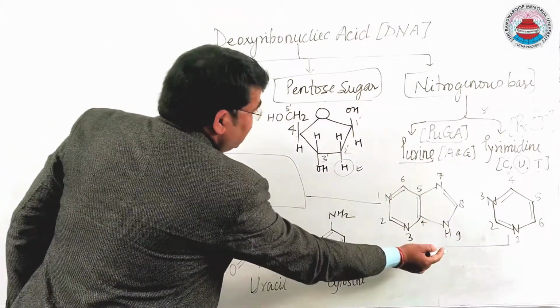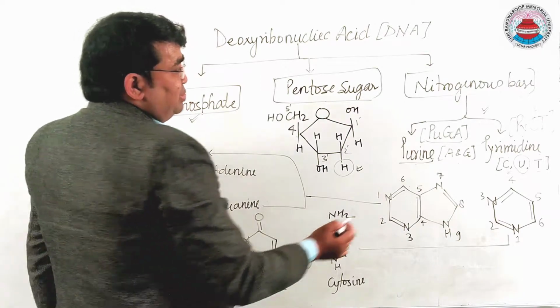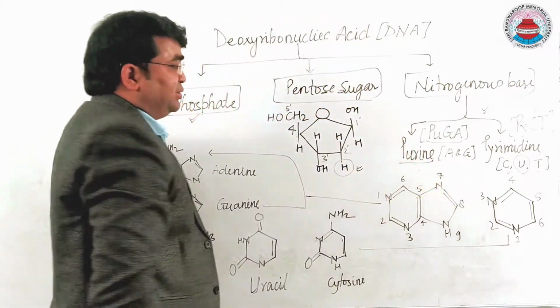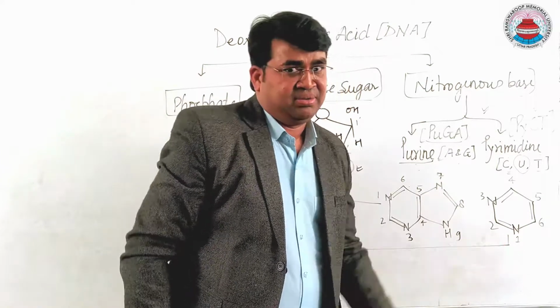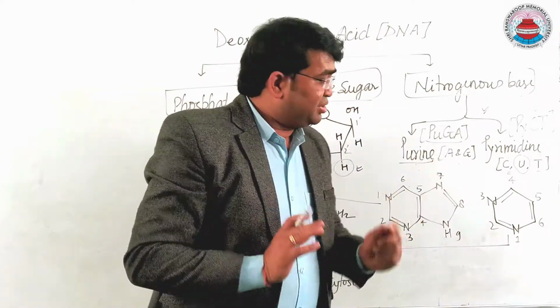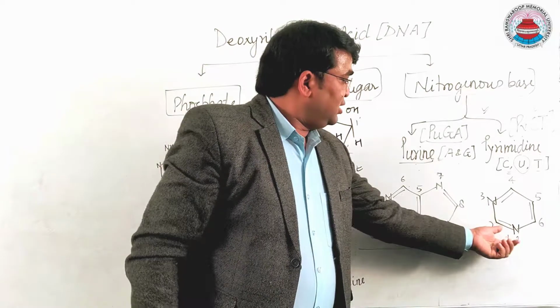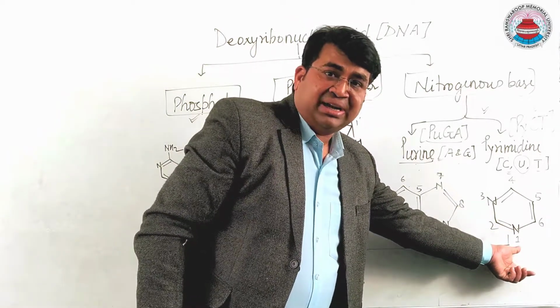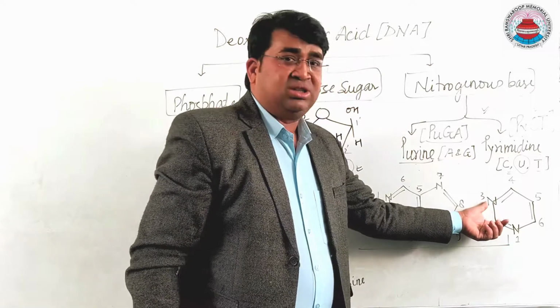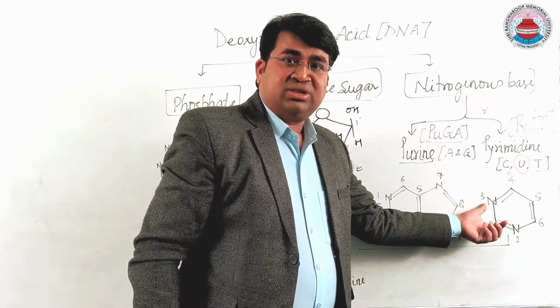Now coming to the chemical structure of pyrimidine and purine. Pyrimidine is just like a benzene ring, but there is a modification in that. At the first position there is a nitrogen atom, and at the third position another nitrogen atom.